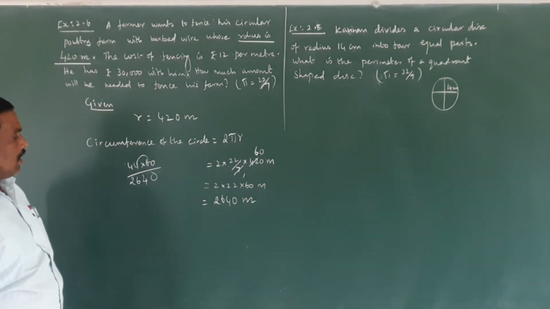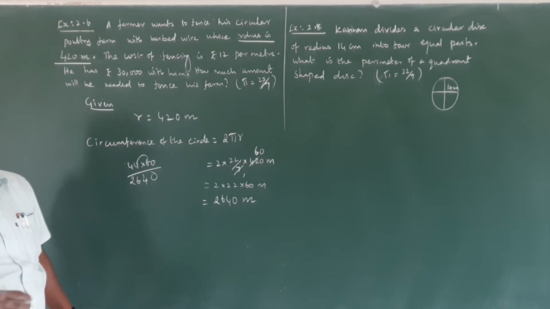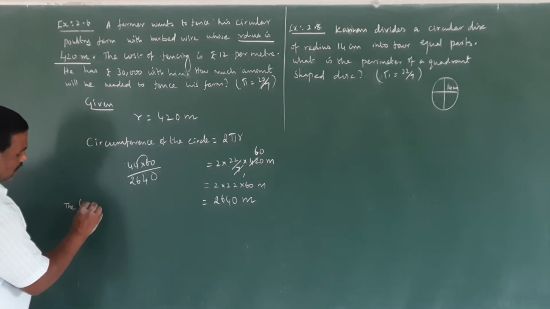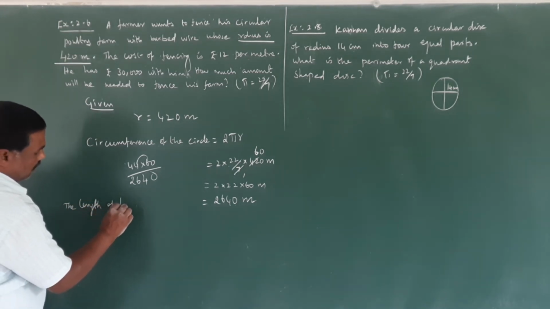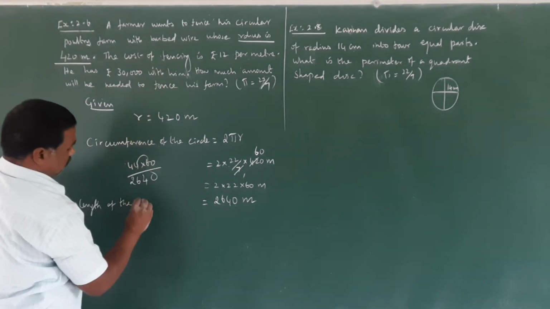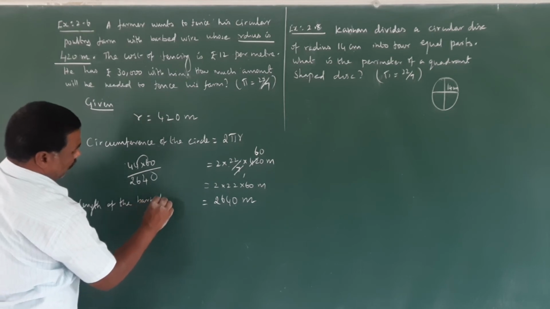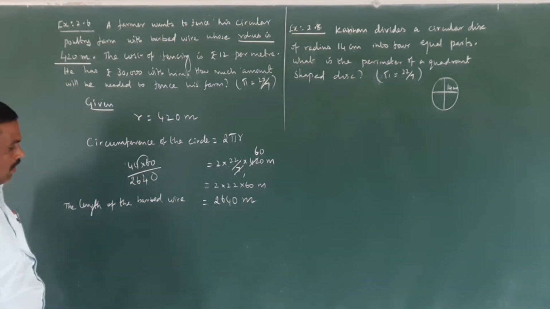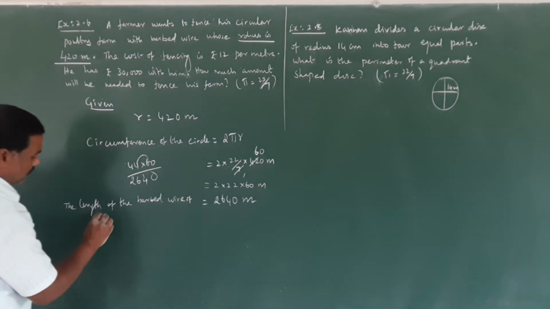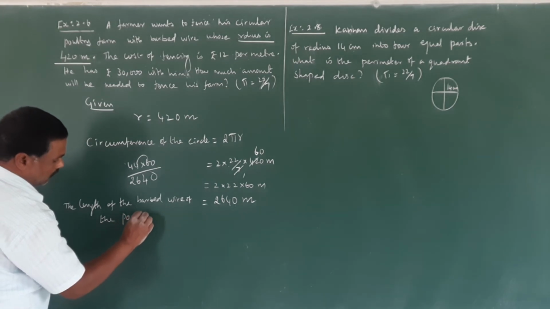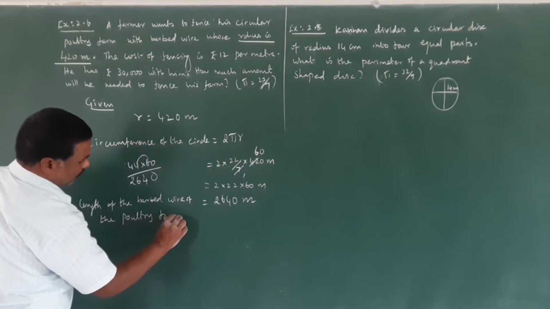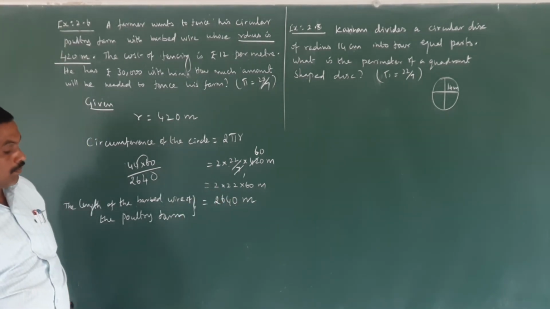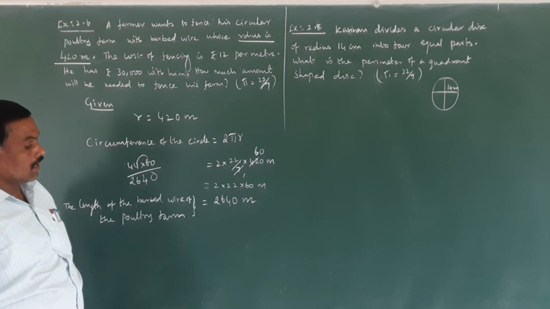The length of the border wire of the poultry farm is equal to 2640 meter.